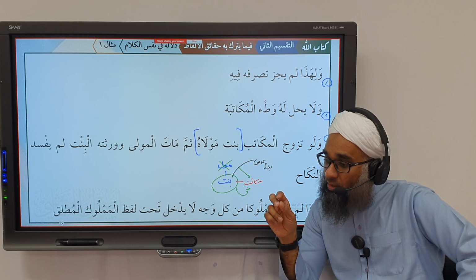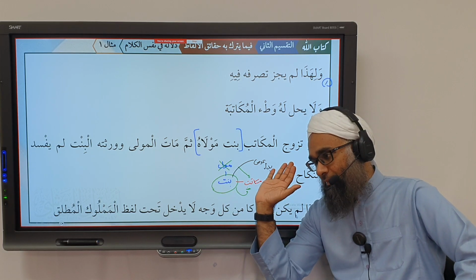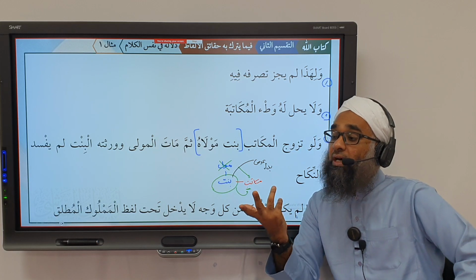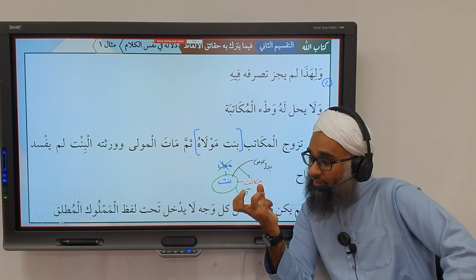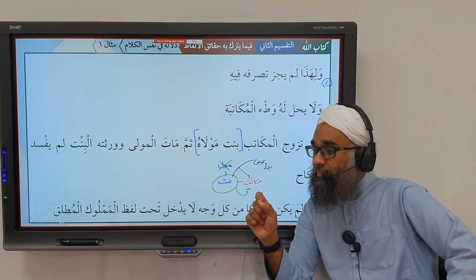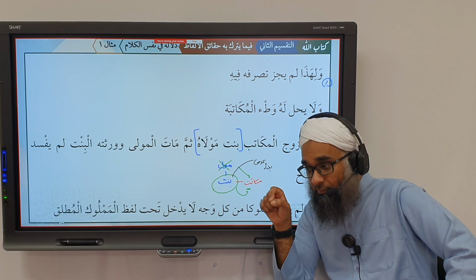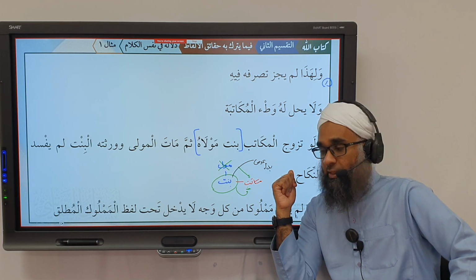But they're saying here that in the word mamluk itself, if he made niyyah, no problem. If he made no niyyah, what would the qazi do? The qazi would say that the word mamluk in itself denotes that the haqiqah is not intended, but the majaz is intended. What's the majaz? Mamlukun min kulli al-wujuh.